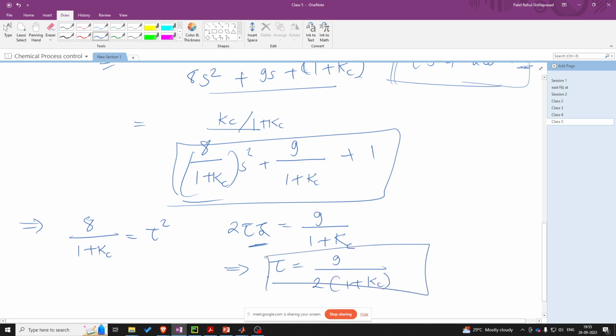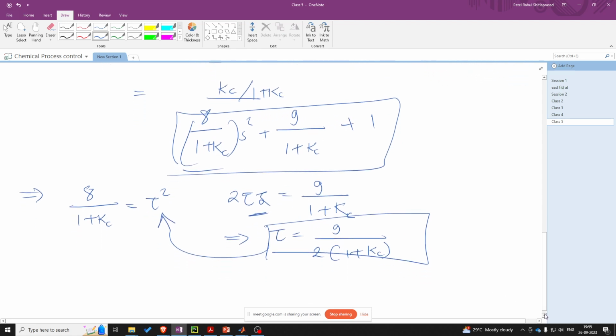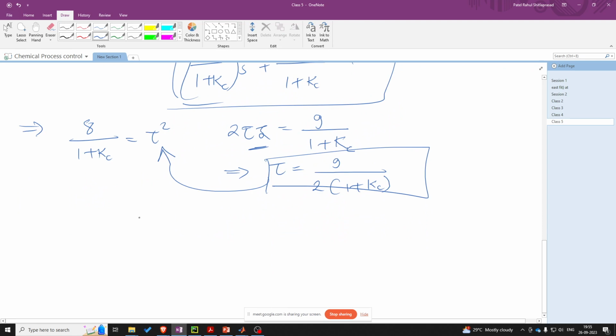So this value of time constant we will put in this equation to find the value of Kc. So it will give us 8 into 1 upon Kc is equal to 81 upon 2 whole square, that is 4, 1 plus Kc whole square.